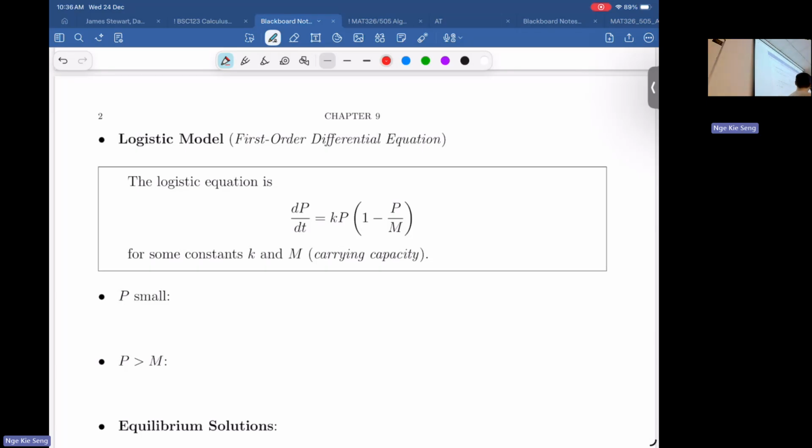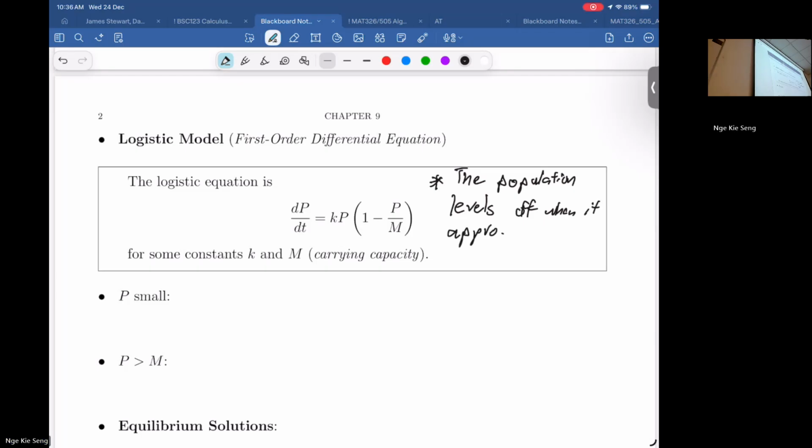So what we want to say is this is more realistic to our life. Let me put a remark here. Actually the population level will level off when it approaches the carrying capacity.